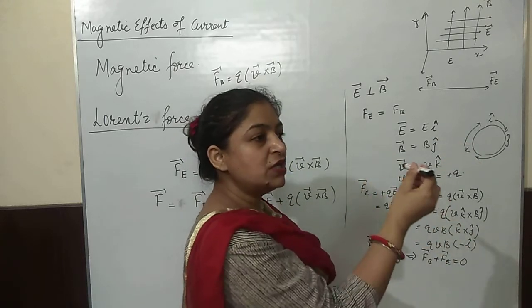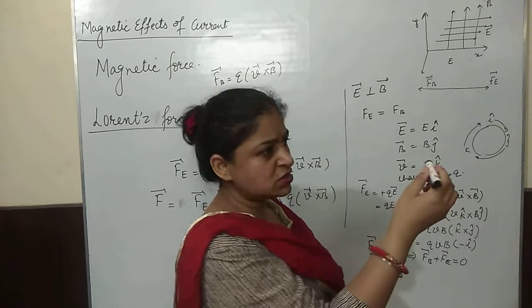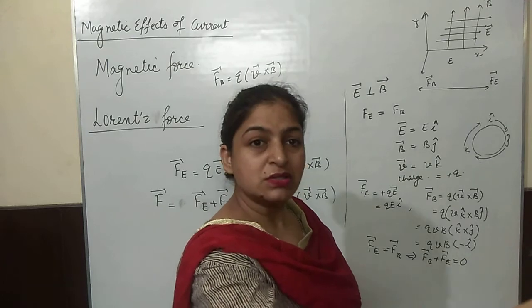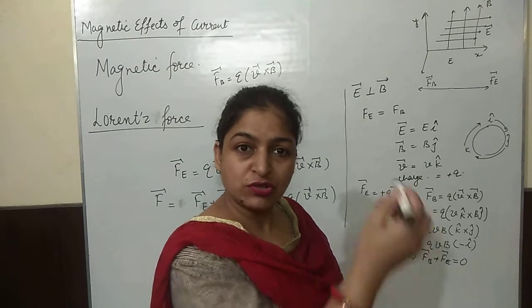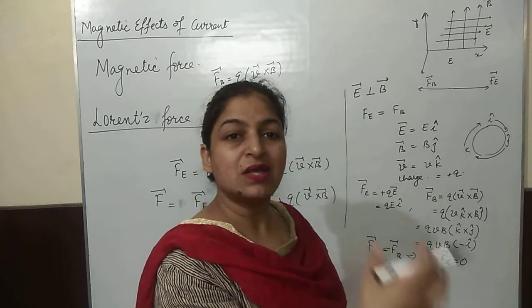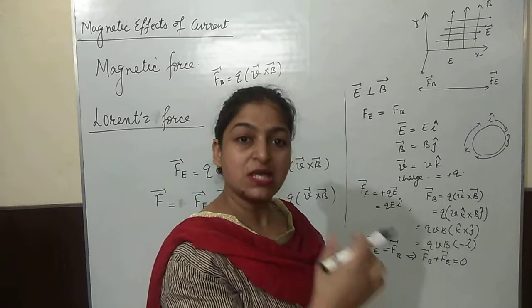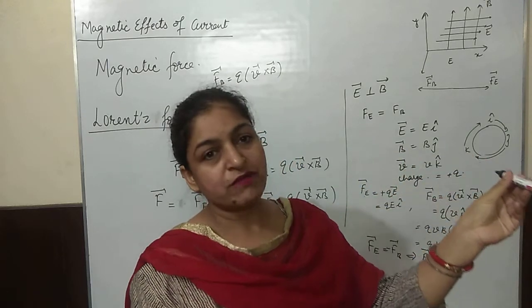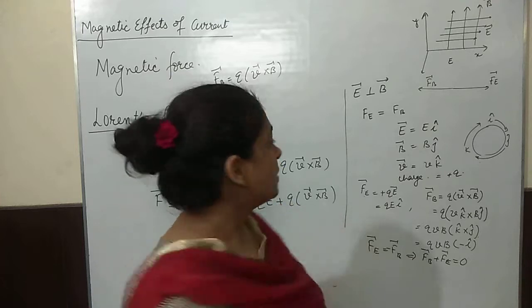Without any deviation, it will keep moving in the same direction, because no force is acting. I should not say no force; both of the forces are acting, but they are exactly opposite in nature, equal in magnitude. Then this charged particle will keep moving without any deviation.